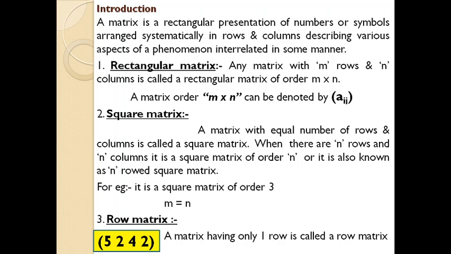This is an example of a row matrix because there is only one row: 5, 2, 4, 2. 5 is the first element, second element, 4 the third element, 2 the last element. You can even write 5 or 6 items because there is no specification regarding the number of items that can be included in a matrix. Any number of items can be included. Whenever there is only one row, that matrix is known as a row matrix.